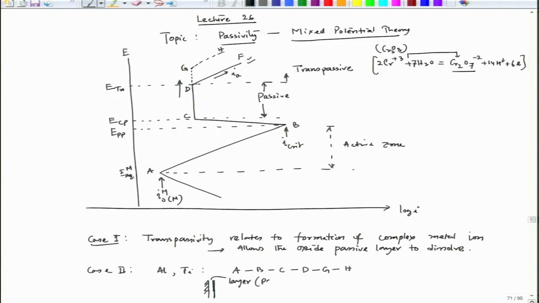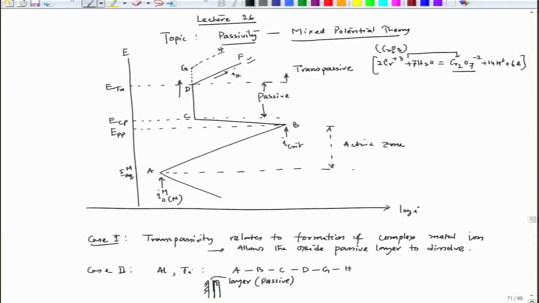As we are increasing the potential, in order to maintain the constant electric field, the thickness has to increase, and when it increases, there could be a possibility of formation of a porous layer on top of this adherent layer.